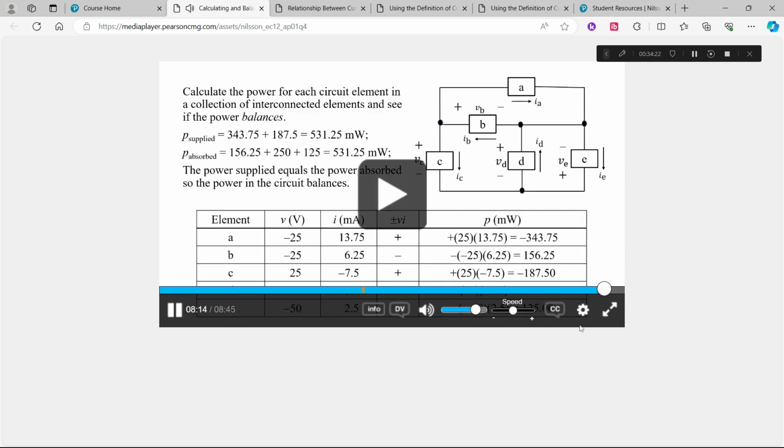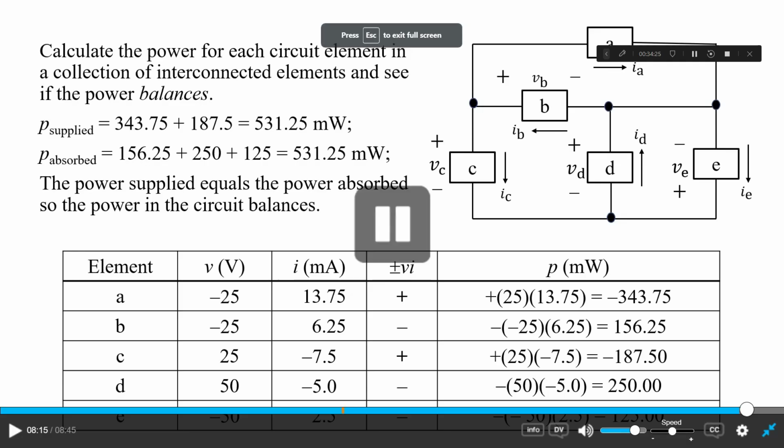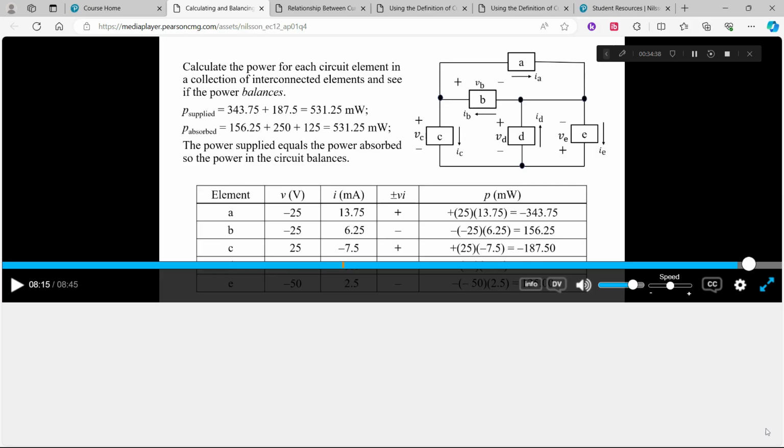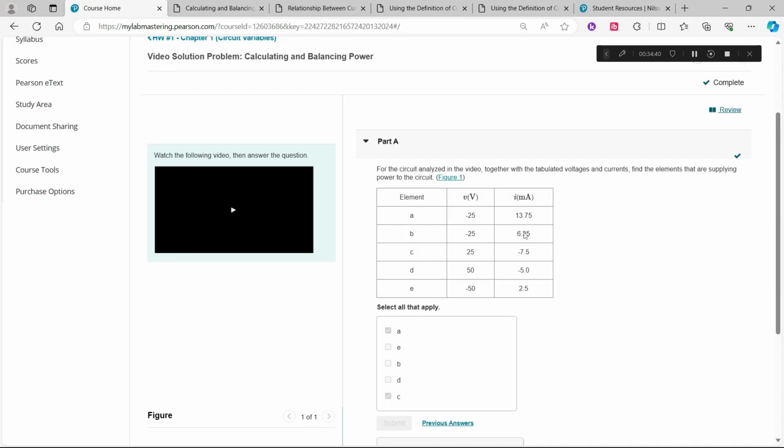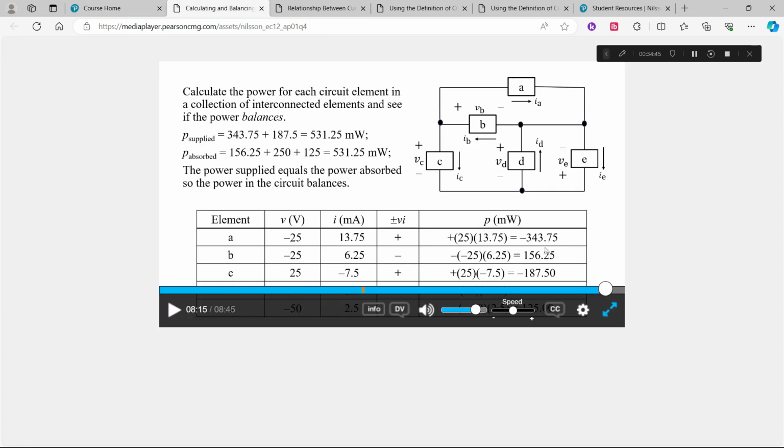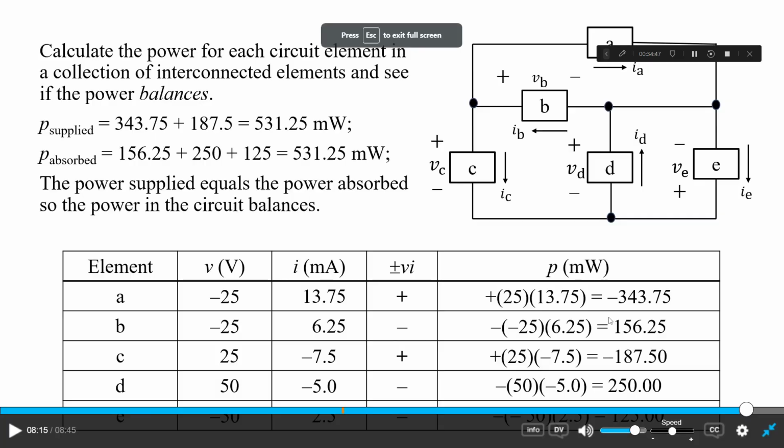So after calculating, A and C are negative when you solve them. And if you get a negative result after solving, they are supplying to the circuit, which is A and C. B, D, and E are positive. They're absorbing, right?